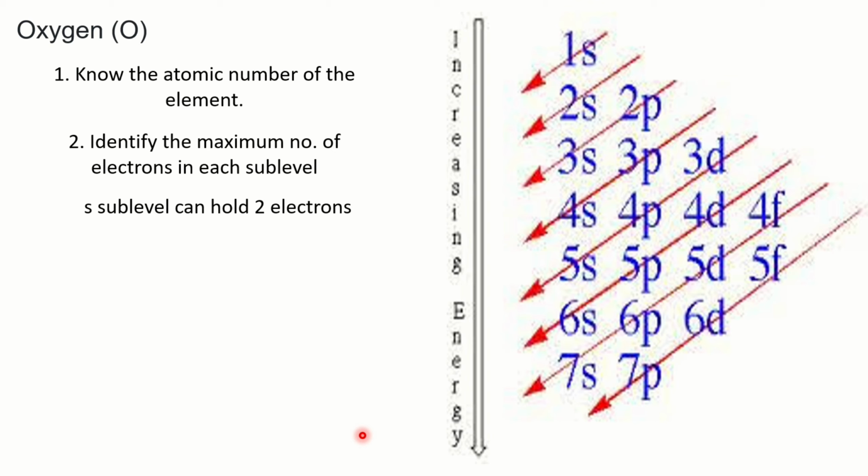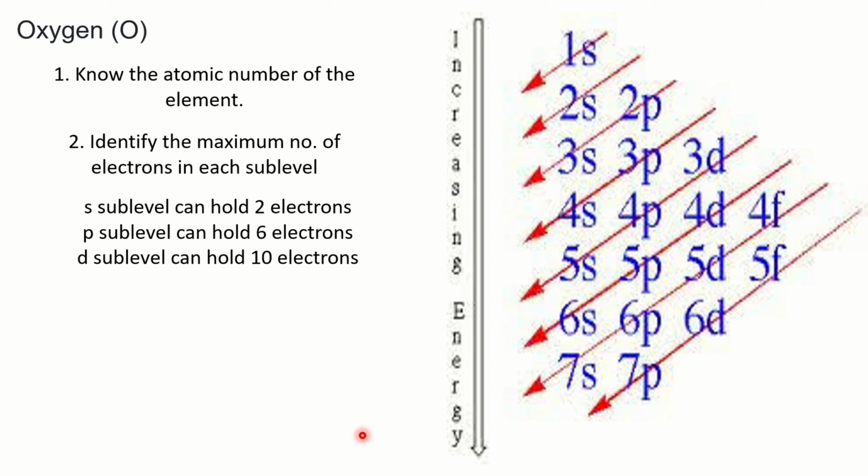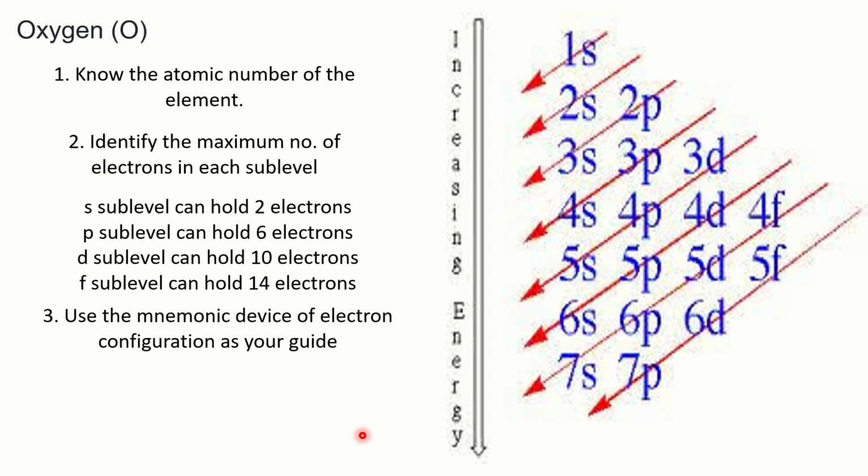In S sublevel, it can hold up to 2 electrons. P sublevel can hold 6 electrons. D sublevel can hold 10 electrons. And the maximum number of electrons for F sublevel is 14. Third step, you have to use the mnemonic device of electron configuration as your guide.